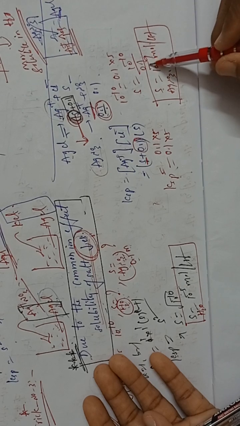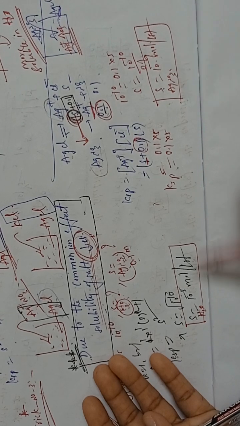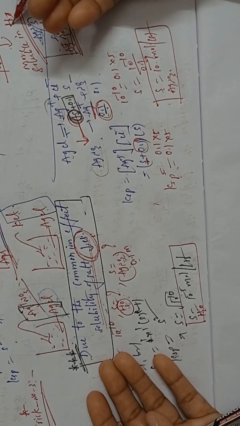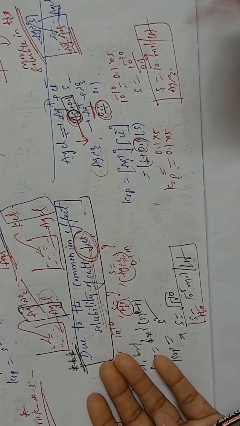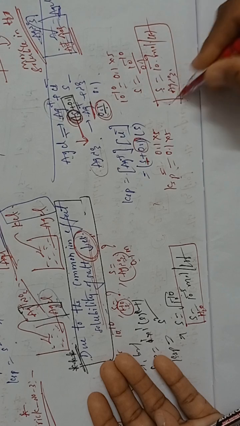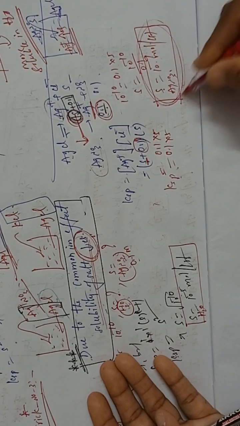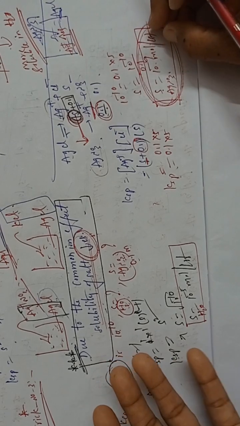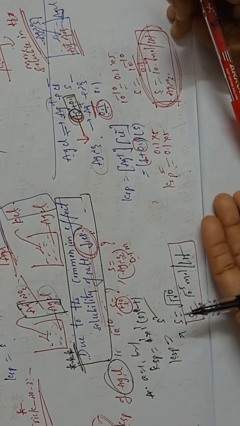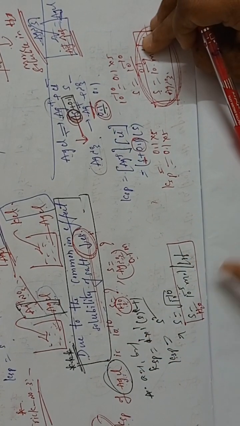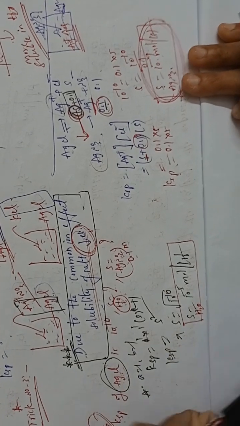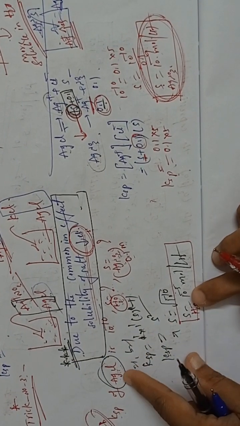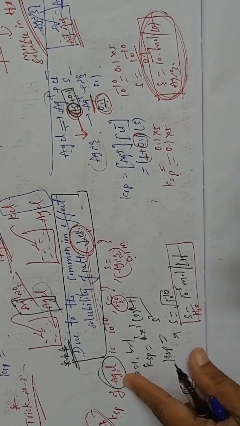The negative power is more, so that is the smaller value. That means it is less soluble. Only 10 power minus 9 mole dissolved in silver nitrate, but in water 10 power minus 5 moles of AgCl salt dissolved. Clear?